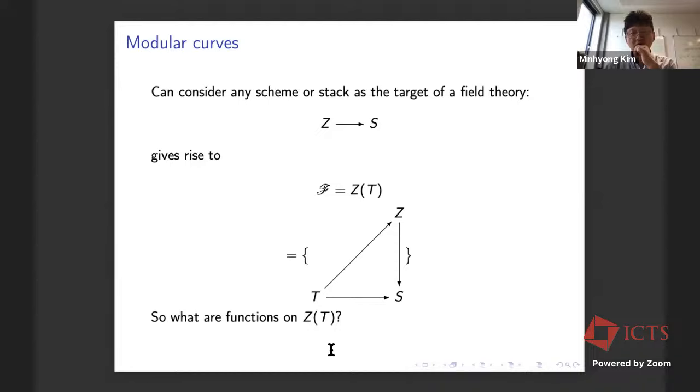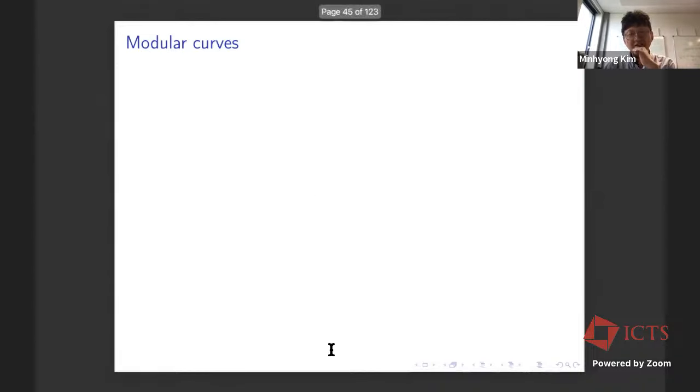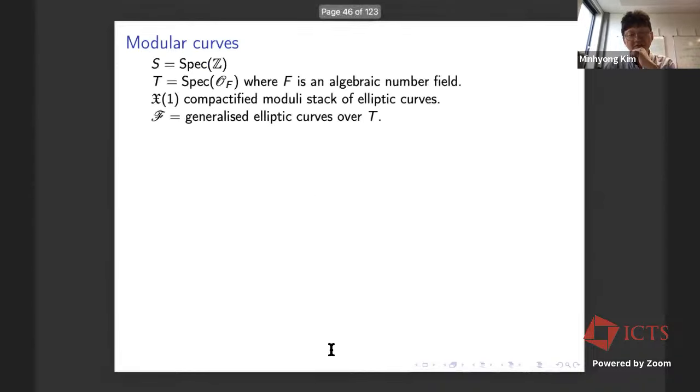If we do this to modular curves, we see that number theorists have already done things like this quite a lot. In the case of the compactified moduli stack of elliptic curves, the sections will be generalized elliptic curves over, say, the spectrum of an algebraic number field.